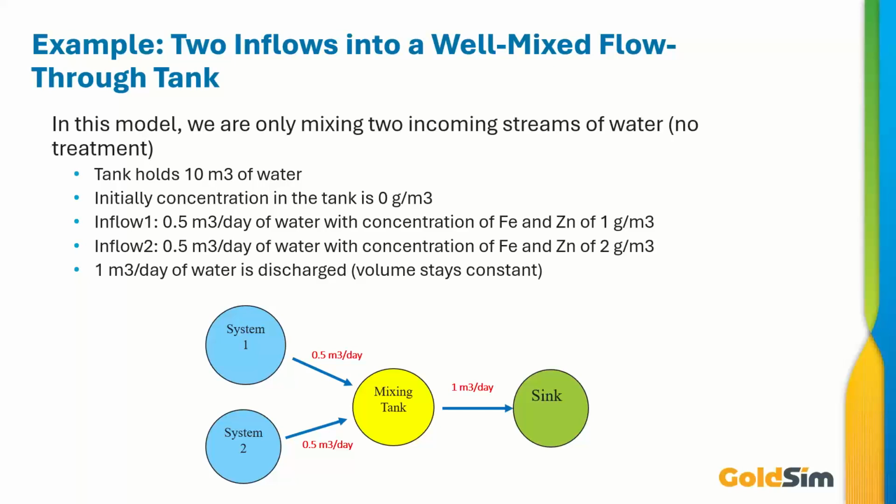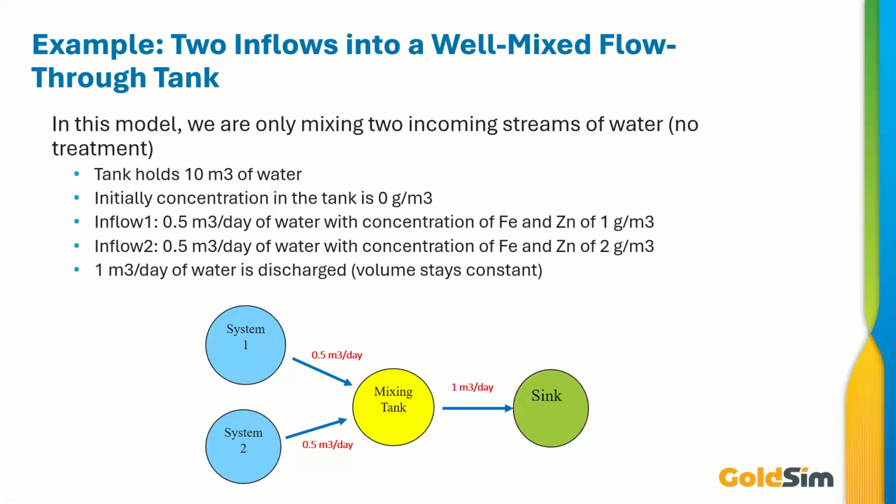For that part, we have 0.5 cubic meters per day of water leaving each one of these upstream cells and going into the mixing tank. One of the inflows contains 1 gram per cubic meter of iron and zinc, and the other one contains 2 grams per cubic meter of iron and zinc. And then 1 cubic meter per day of water is discharged into the sink.